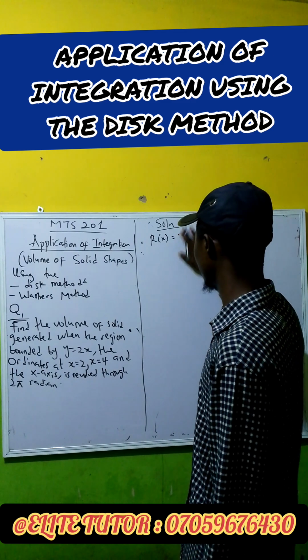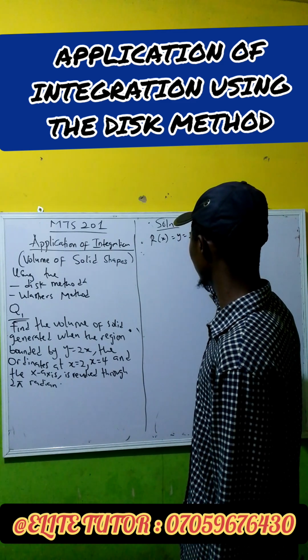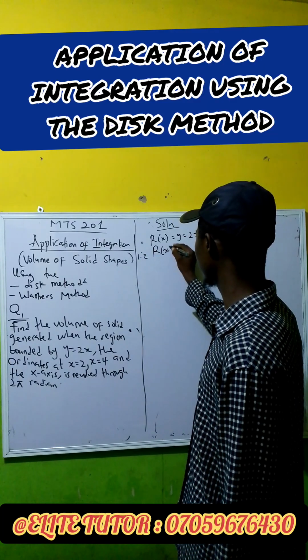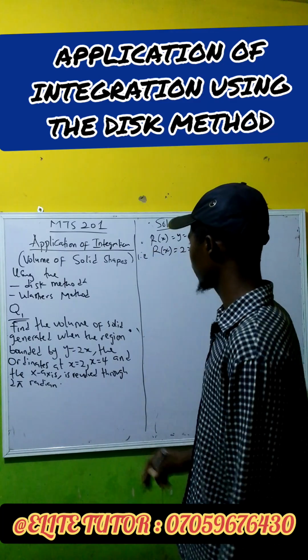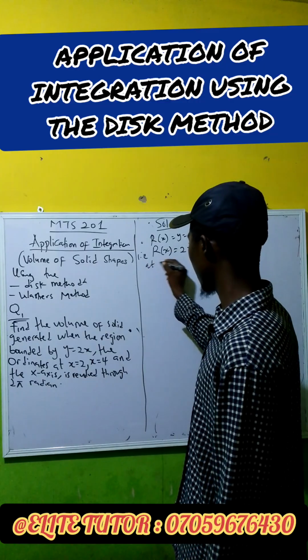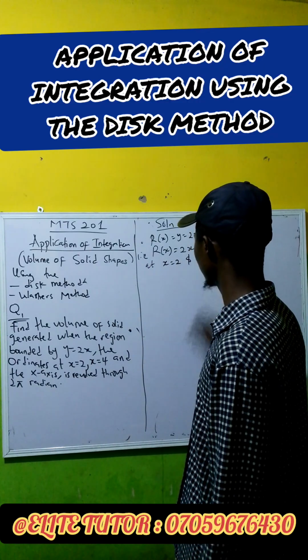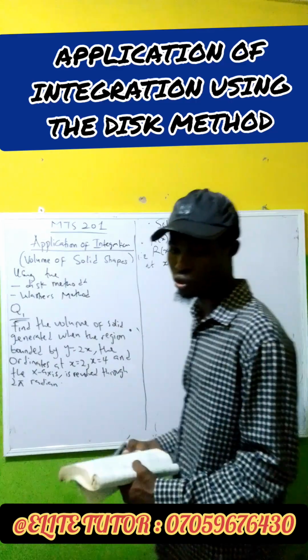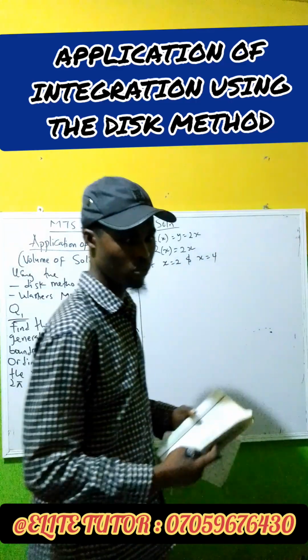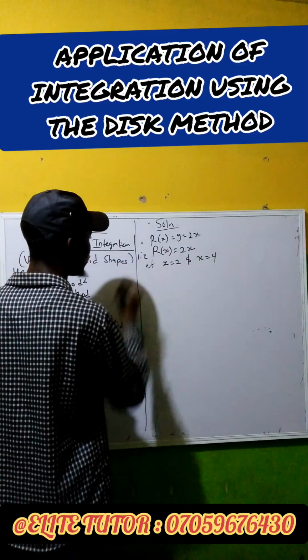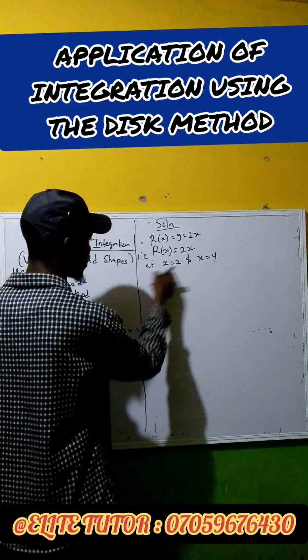That is, your r of x here is your y, which is equal to 2x, at x equals 2 and x equals 4. So no issues. Now, what is the formula we are using? We are going to be using the one for the x-axis because we have the x-axis here.